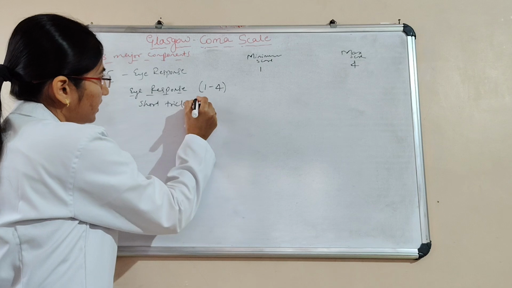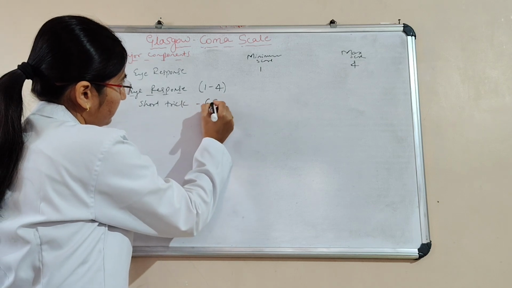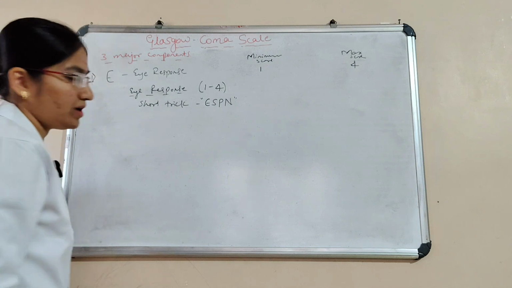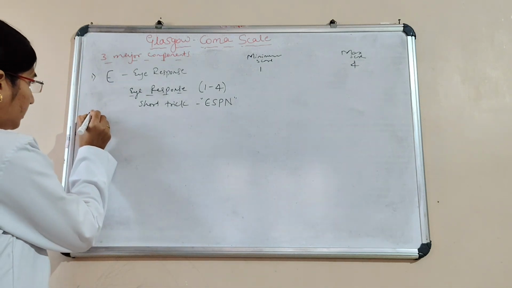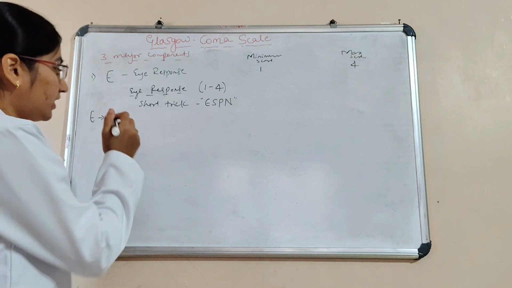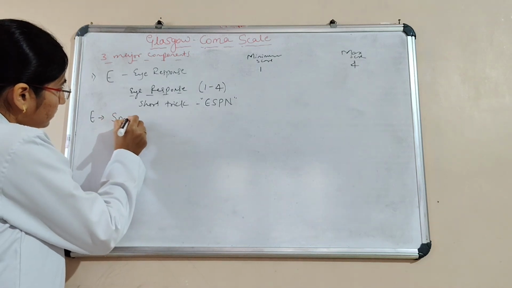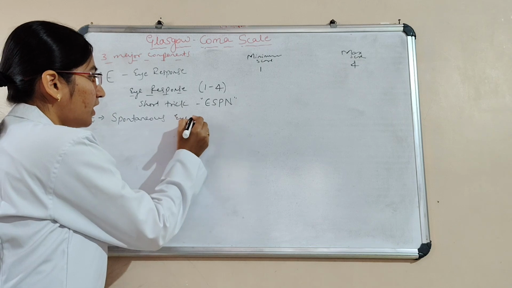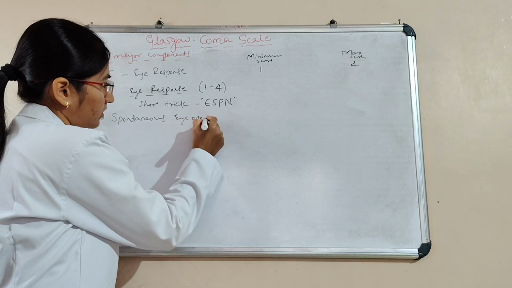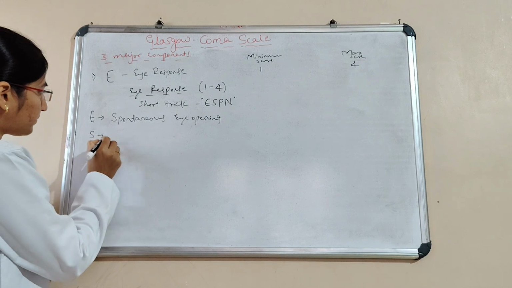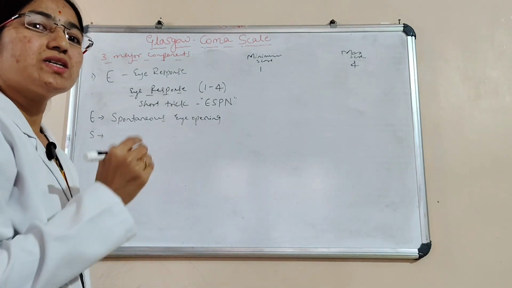By this trick we can remember: ESPN. Here E means spontaneous eye opening. S means eye opening with sound.